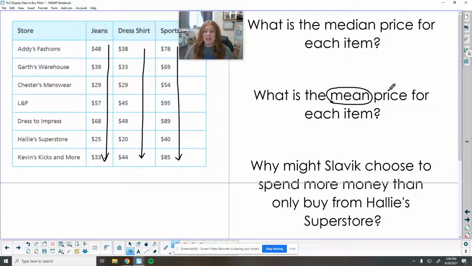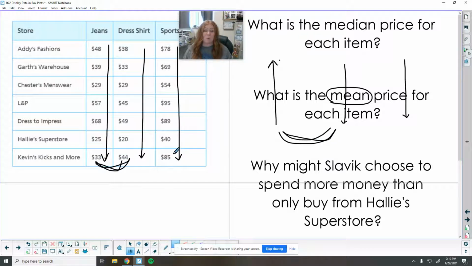As you're looking at these different things here, I noticed as I did this that the mean for the jackets went down, the mean for the dress shirts went down, but then the jeans actually went up. And the mean got higher. Also, the jeans and the dress shirts were very similar.